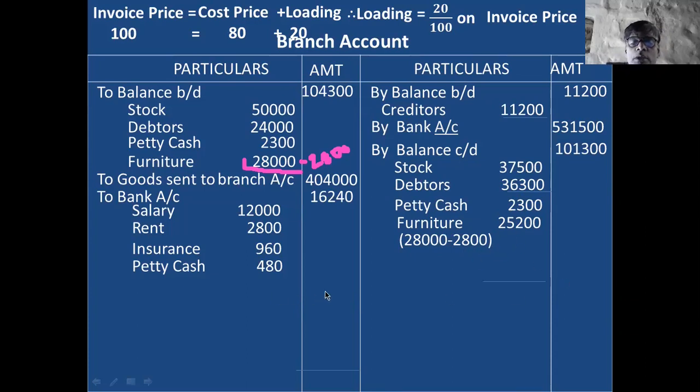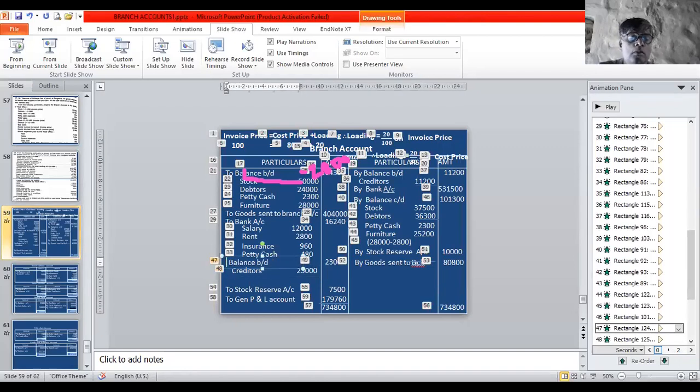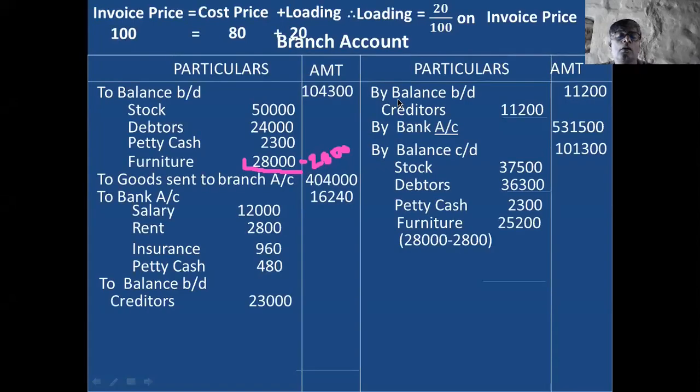Then the closing balance of the creditors you take on the debit side, under the 'to balance carried down'. You write creditors, their closing balance, 23,000. So the opening balance is on the credit side and the closing balance on the debit side.